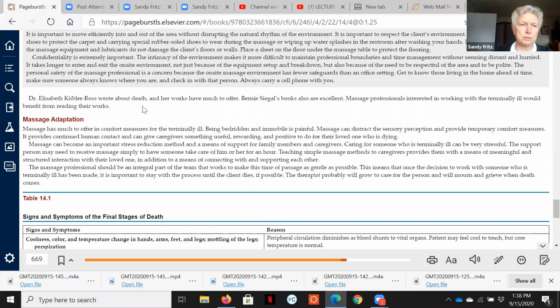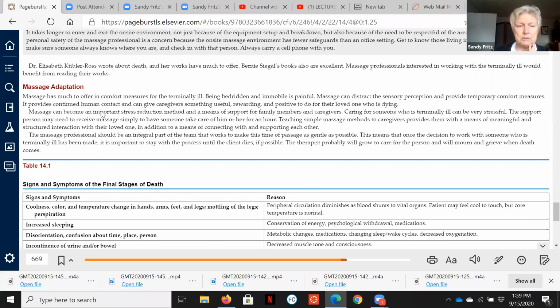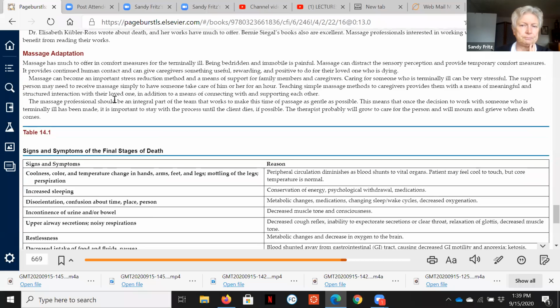There's Elizabeth Kubler-Ross and Bernie Siegel. These books were written quite a few years ago, but they're still valid, that you might want to continue your own learning on this. And then here again are some suggestions around ways that you would adapt to this type of situation.